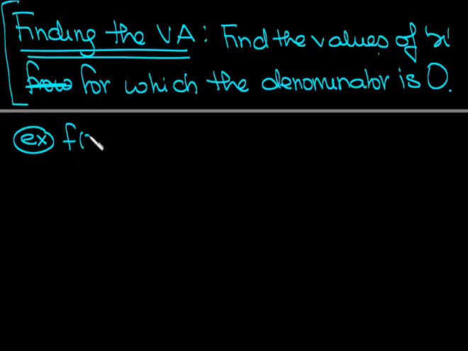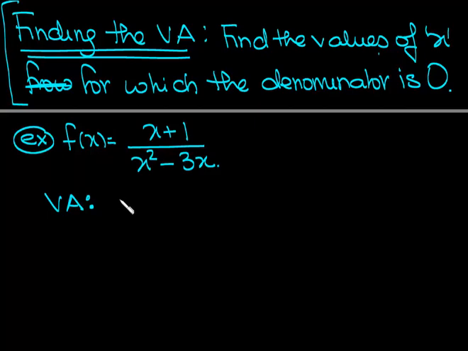Let's say I have f of x is equal to x plus 1 over x squared minus 3x. I want to find the vertical asymptote for this. You take your denominator, which is x squared minus 3x, and you set it equal to 0, and you solve.